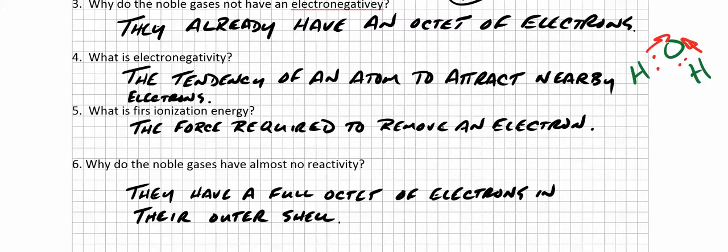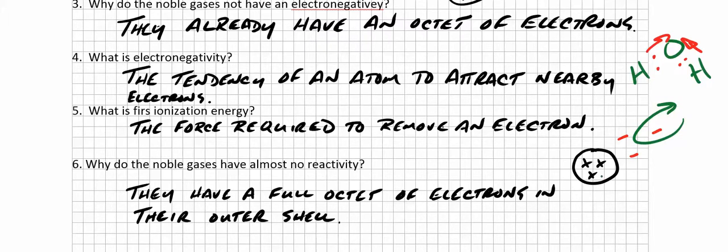Well, let's take lithium, my favorite atom. Lithium has 3 protons just like that, and so we're going to have 3 electrons. I'm going to put 1 electron here, 1 electron here, and 1 a bit further out in the second main energy level. The first ionization energy is the energy that would be required to remove the last electron. Just to take it off is going to require energy, right?